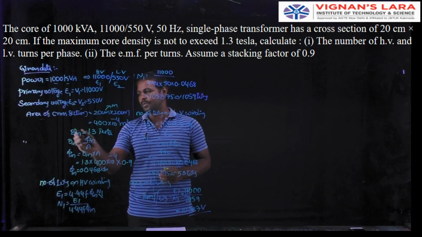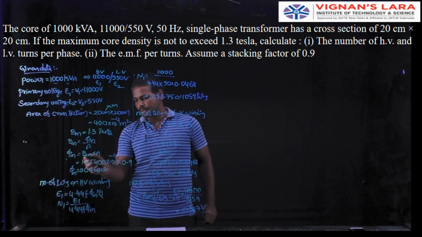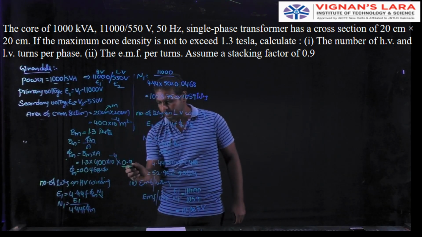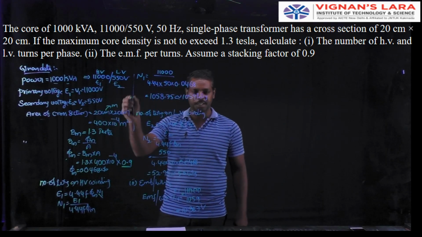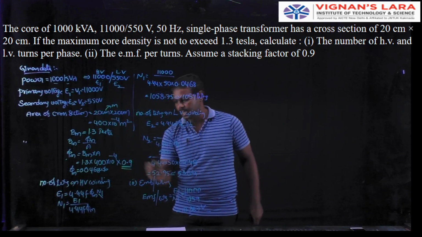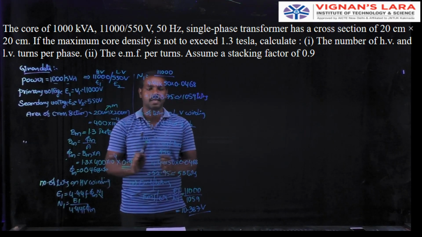Flux is equal to Bm into A, multiplied with the stacking factor. If a stacking factor of 0.9 is mentioned in the problem, then only do we consider 0.9. Otherwise, we leave out the stacking factor.